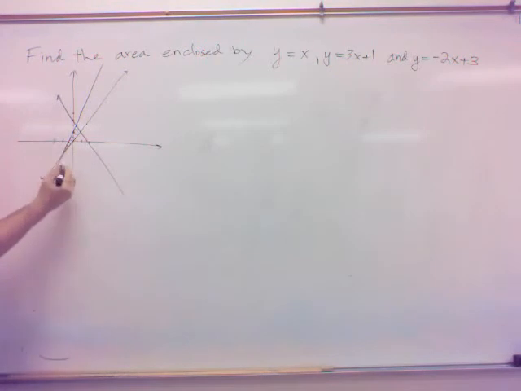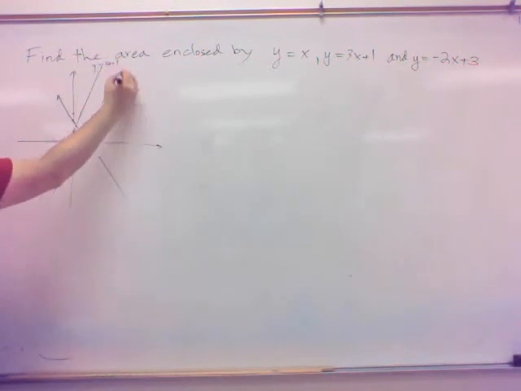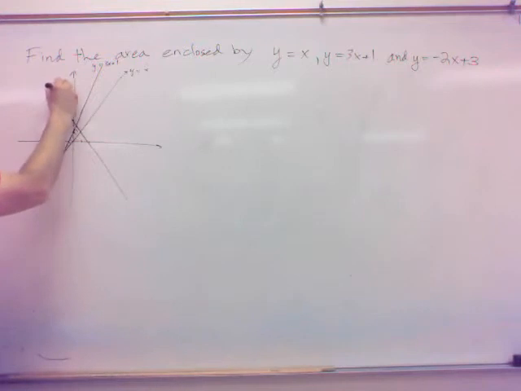We can probably guess our intersection points, but we've got basically three intersection points. I can't remember which one this was. This was 3x plus 1, wasn't it? This was y equals x, and this is negative 2x plus 3. But yes, I do need to know those points of intersection.